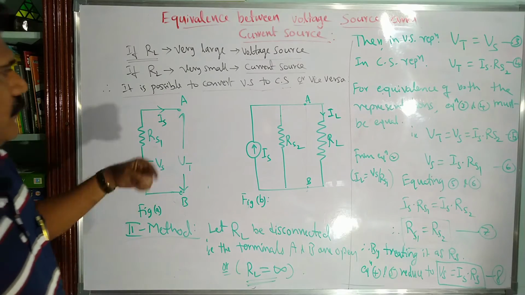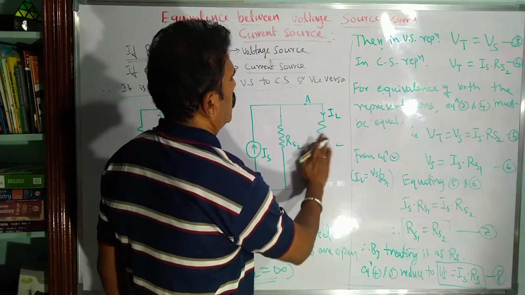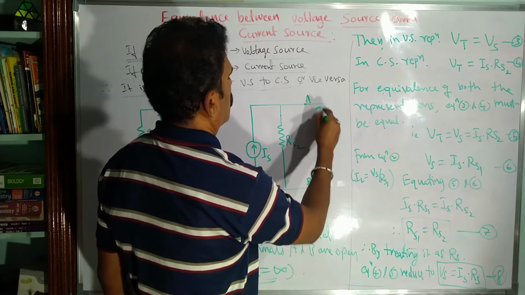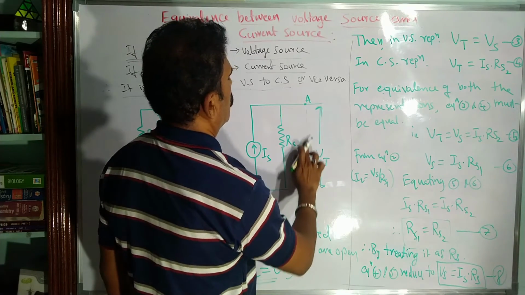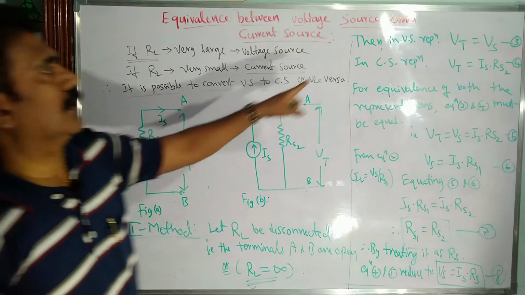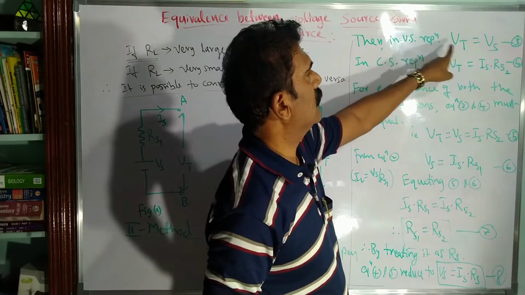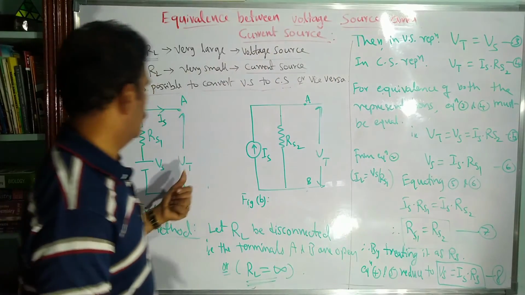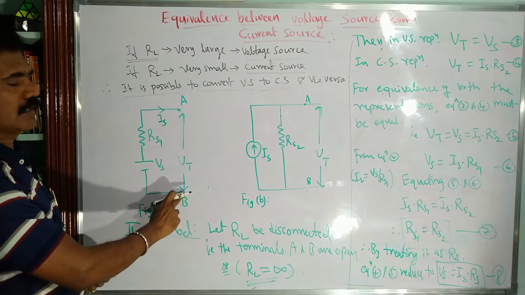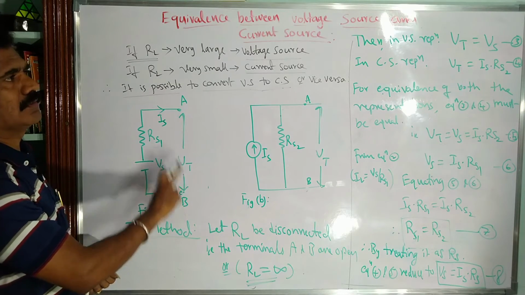So what is the terminal voltage from both the sources, by removing the resistor RL? You can write the equation for that. In the voltage source representation, VT is equal to Vs itself. Whatever the source voltage obtained is equal to the terminal voltage across A and B. So directly they are equal to each other.